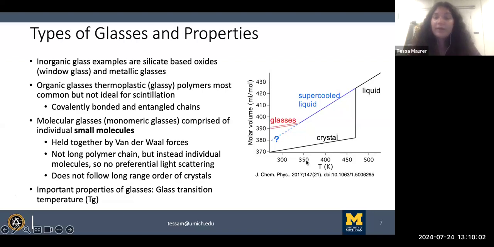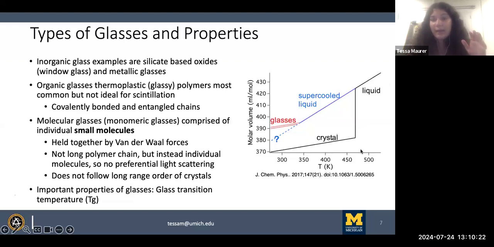And so this plot over here shows some properties of the glass, specifically the volume versus the temperature in Kelvin. And I'm going to go through this and explain to the best of my ability some of the things here. As we have a glass at a high temperature, it's in a liquid state.